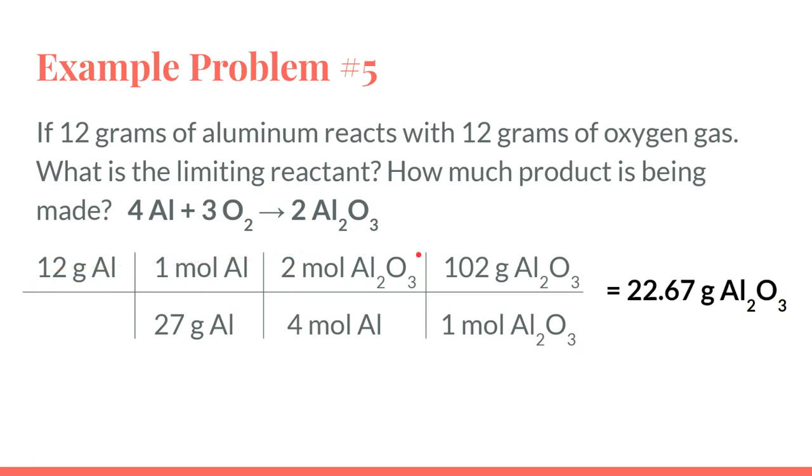This is based on the idea that whatever we're starting with is going to be used up completely, which isn't the case for oxygen. We're going to have oxygen left. So you have to use the reactant that is going to run out completely, or else you are going to get an answer that is incorrect. You're going to have a higher answer than you should.